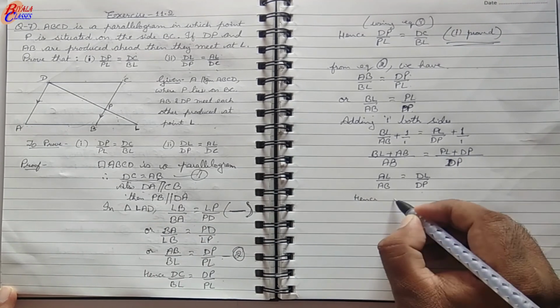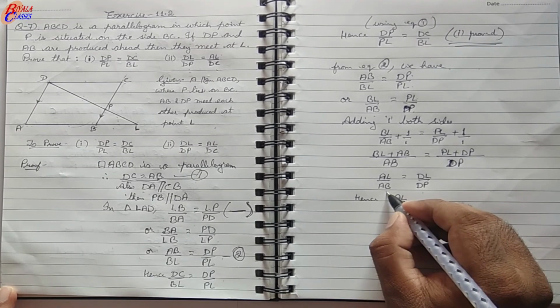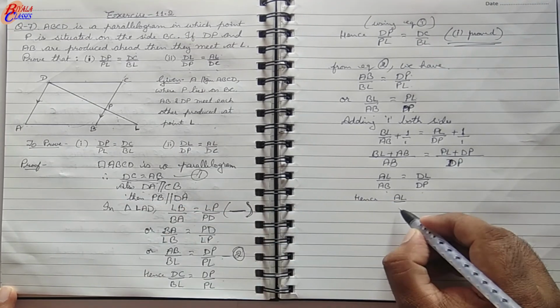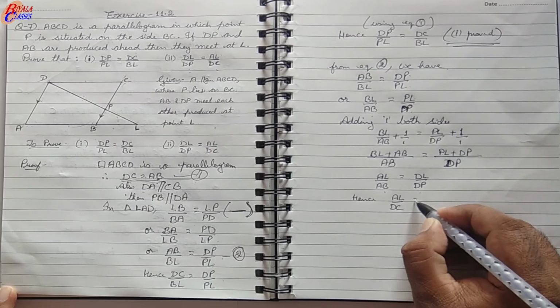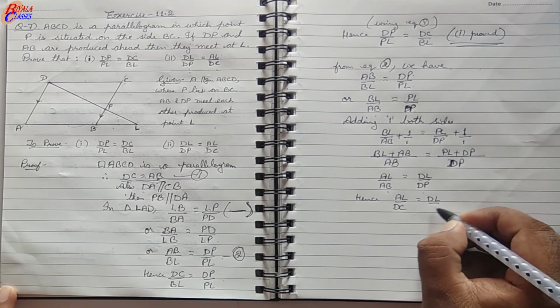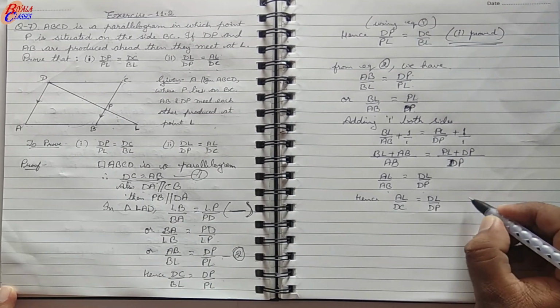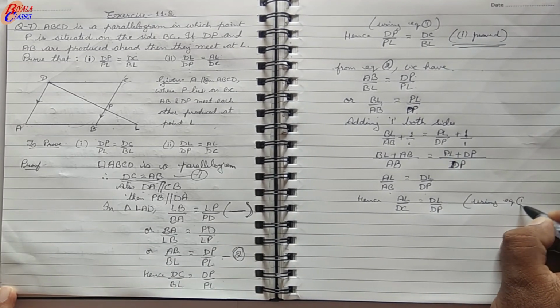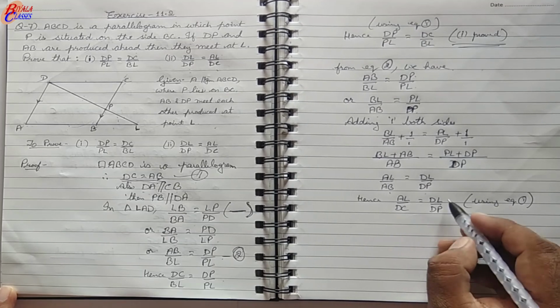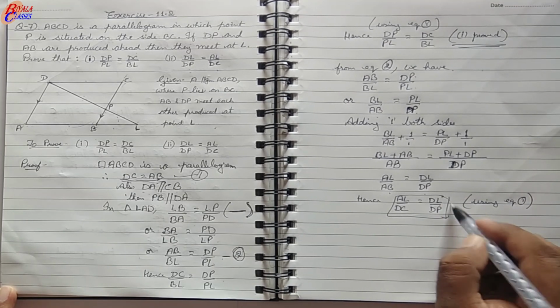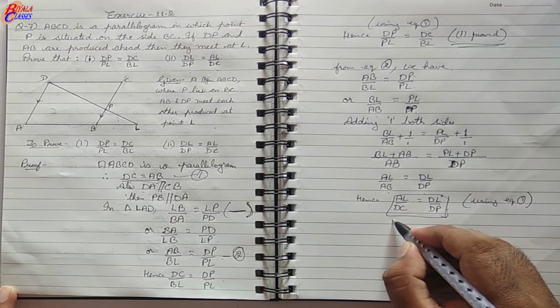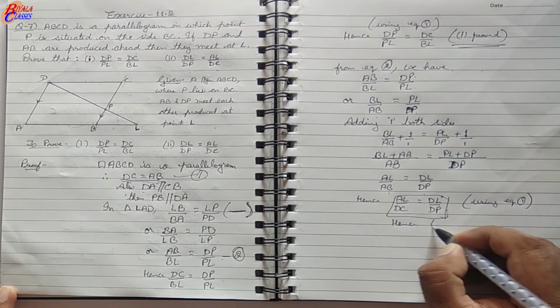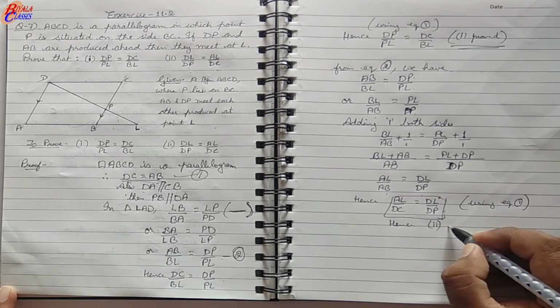Hence, AL upon, now this AB will be replaced with DC, so AL upon DC is equal to DL upon DP, and this is by using equation 1. So using this we get the second result also. Hence the second part is also proved.